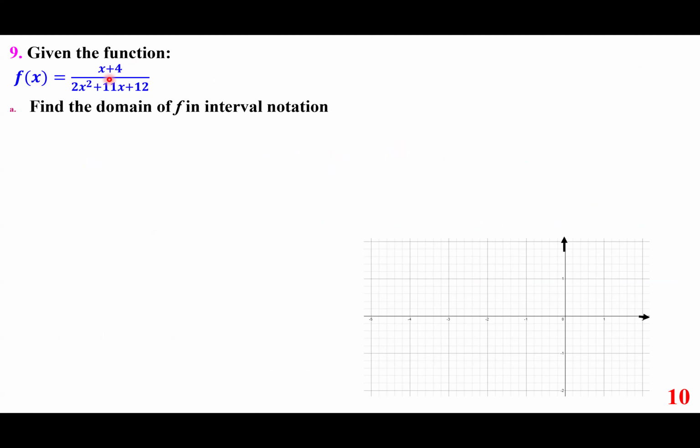Given the function f of x equals x plus 4 over 2x squared plus 11x plus 12, find the domain of f in interval notation. Anytime you have a rational function, in order to find the domain, you set the denominator equal to 0 and you exclude that, and to do so, you're going to factor.